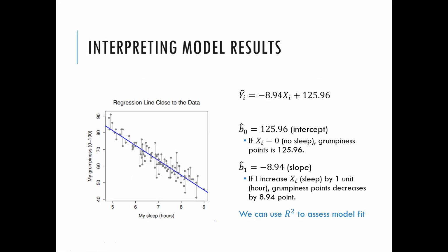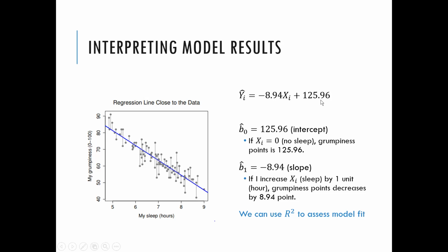Okay. And then I don't think I had a slide like this in the pre-recorded lecture, but I'm putting it here now. If we want to interpret our model results, how would we do that? So here we have our estimated y, and then we have a beta coefficient, so our b hat sub 1 is negative 8.94.